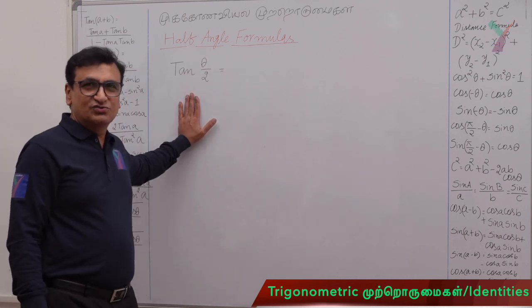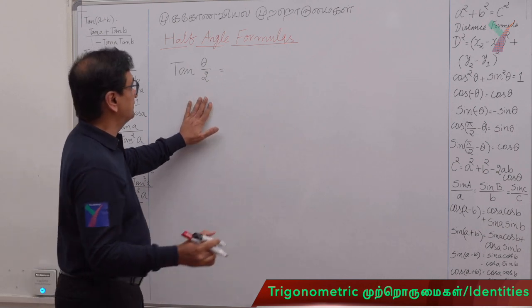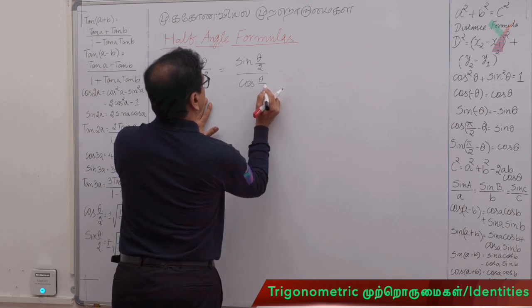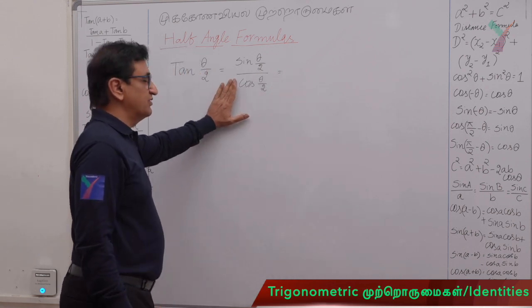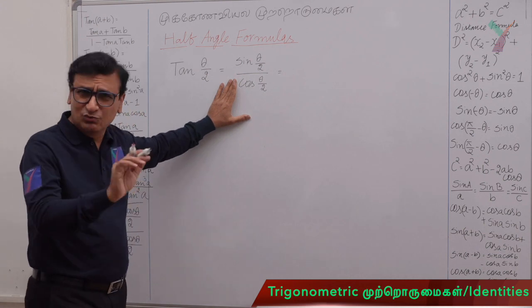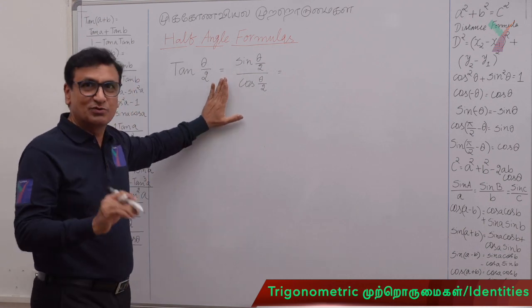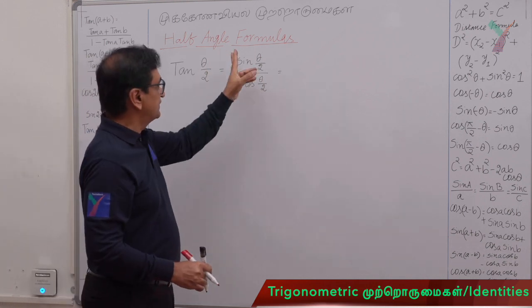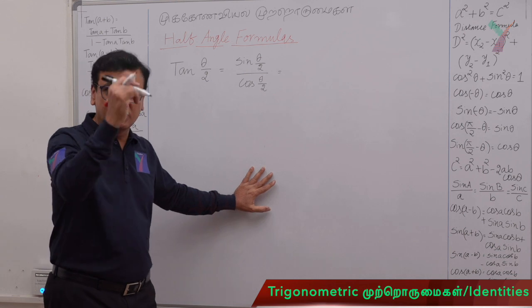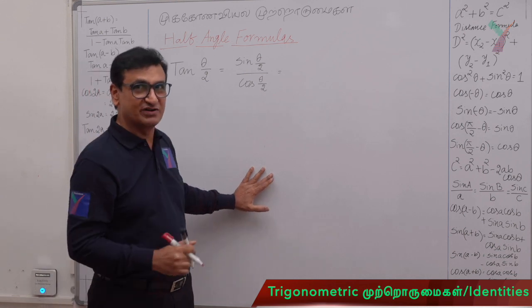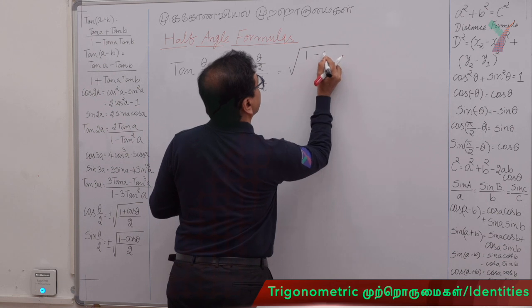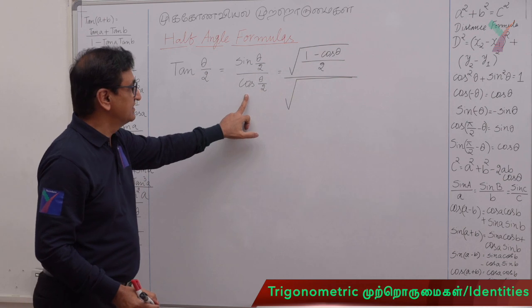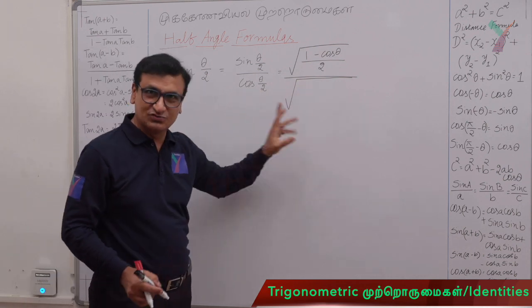So tan theta by 2 is sin theta by 2 divided by cos theta by 2. So sin theta by 2 is square root of, I am going to for a moment forget about plus or minus sign, because it's a ratio, plus or minus sign will get cancelled. So sin theta by 2 would be square root of 1 minus cos theta by 2 and cos theta by 2 would be 1 plus cos theta by 2, correct?